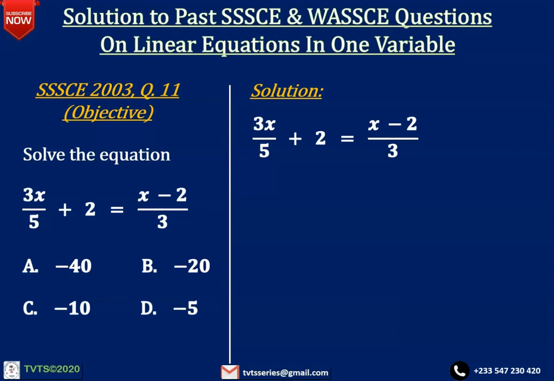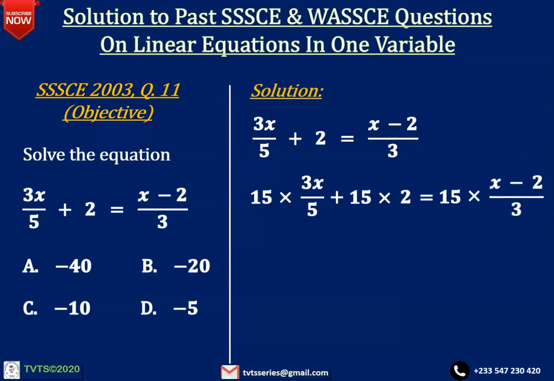So we have 15 times 3x over 5 plus 15 times 2 is equal to 15 times x minus 2 all over 3. To be on the safe side, let's put the numerator of the last term in brackets, just to remind ourselves that the LCM is being multiplied by both terms.